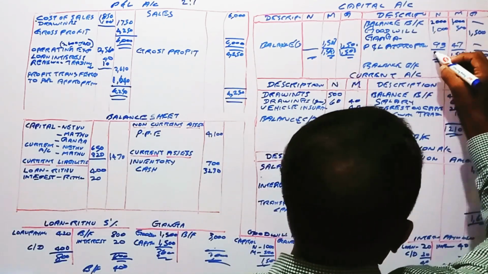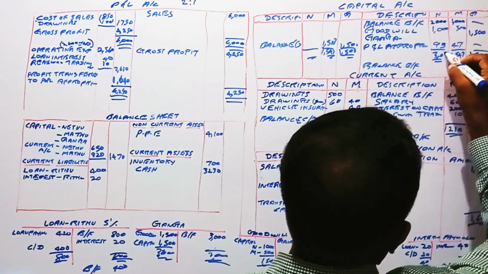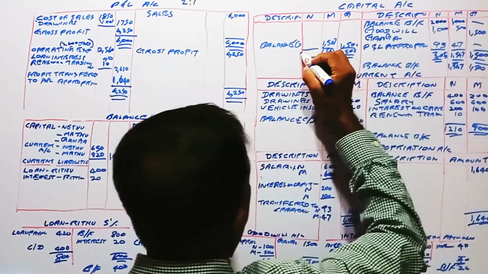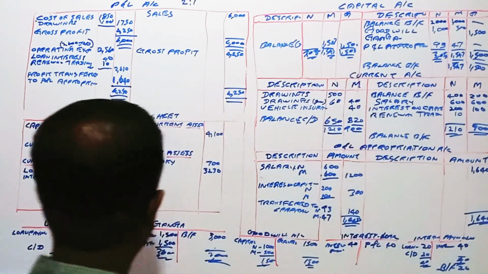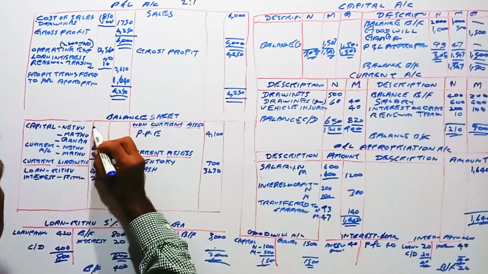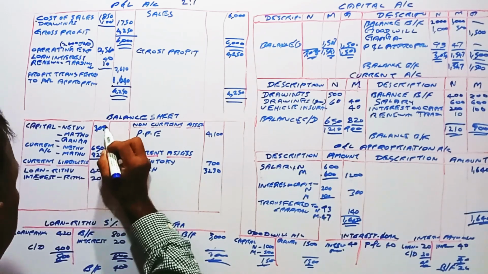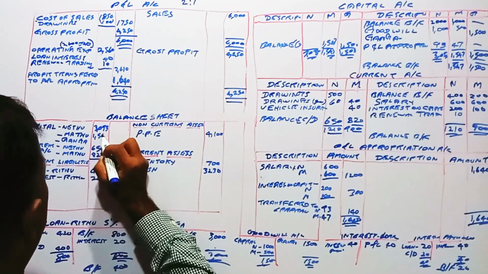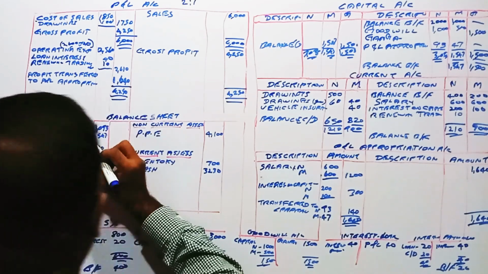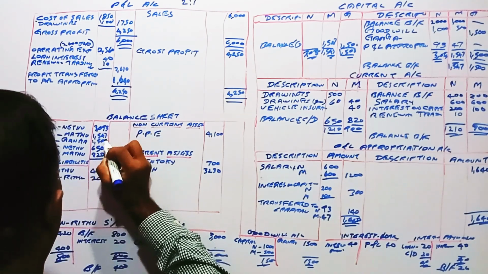This is 3,093,000, right? So 3,093,000 and 1,547,000, 1,500,000, right?